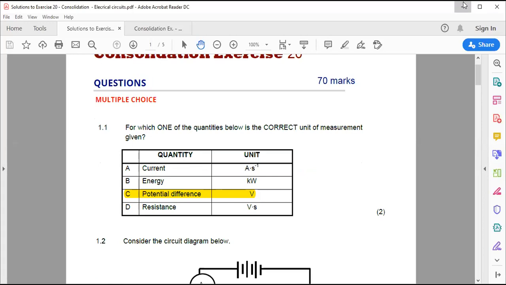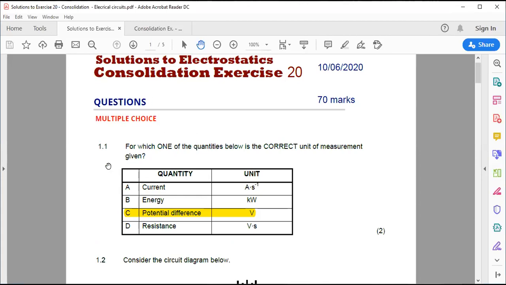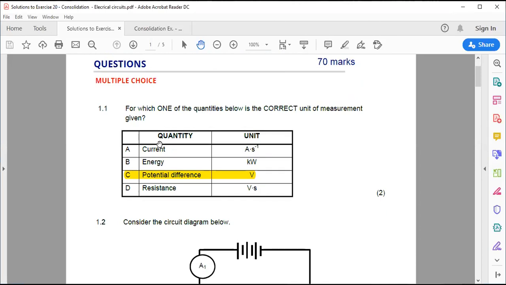Let me just open this. I hope you can see the slide that I've opened here. Right, so we start with multiple choice, number 1.1.